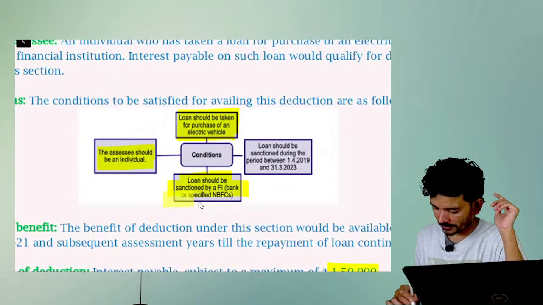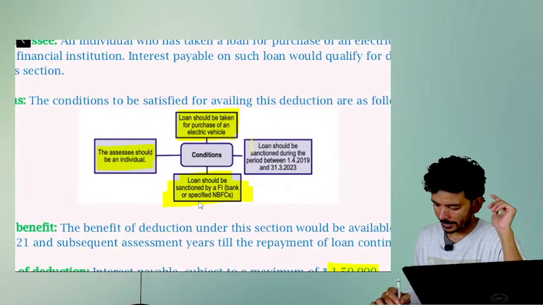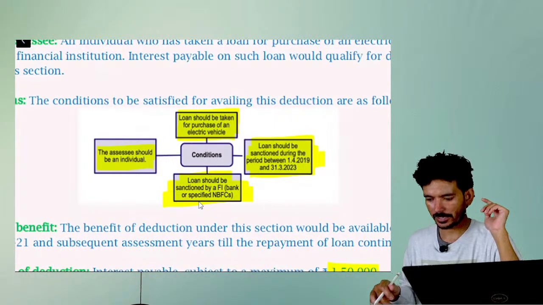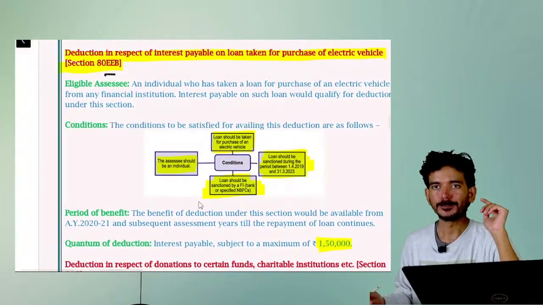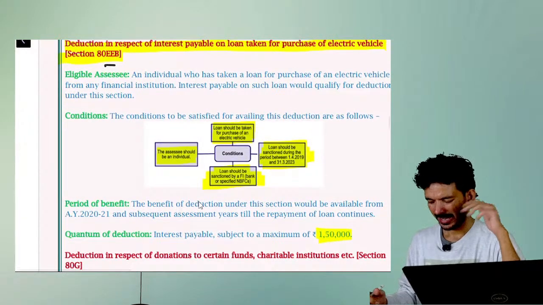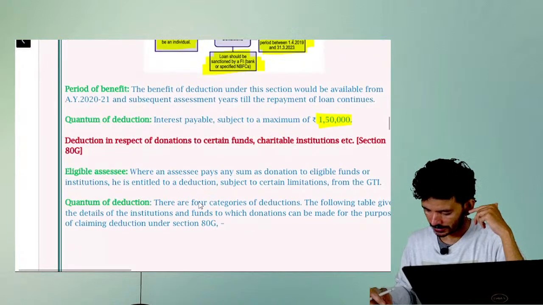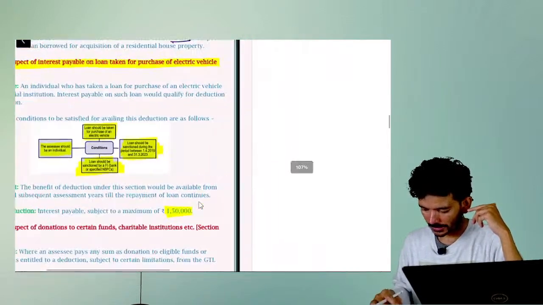The loan should be sanctioned from financial institutions or NBFCs, and should be sanctioned between 2019 and 2023. So during this period you have to purchase it, then you are eligible for 80EEB, and they will extend it also. 80EEB, 1.5 lakh.